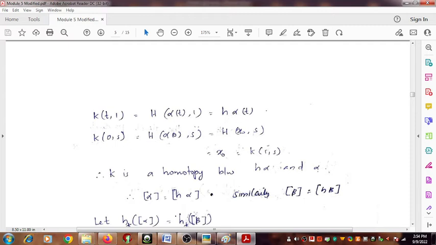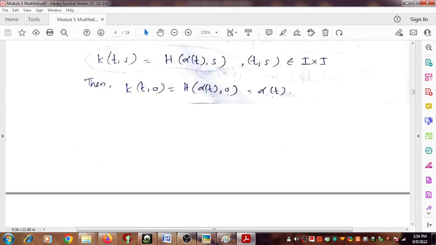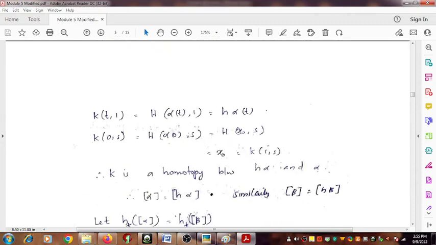Okay, and here we have h(α(t)), and that is h(α_1(t)), equal to α(t), and here we have h(α_1) equal to h(α(t)). It is due to that definition, which is followed by the property of that deformation retraction.